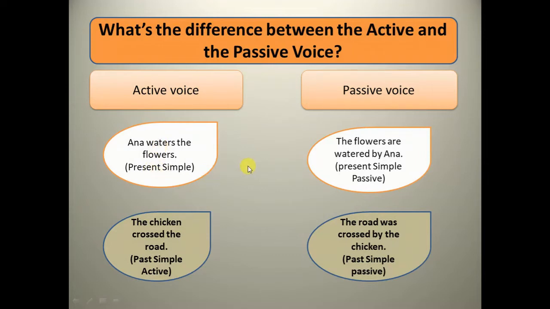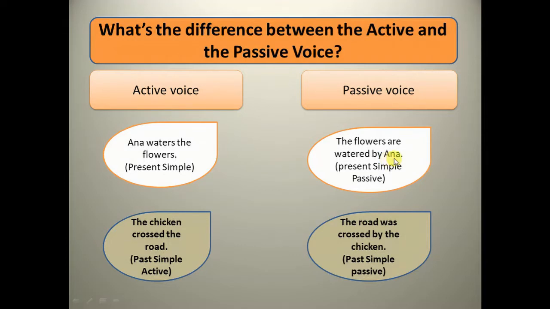And then we take the verb be in the present simple, like here, which is are. And then we take the past participle of the main verb. Waters becomes watered. And in the end of the sentence, we can write the agent.